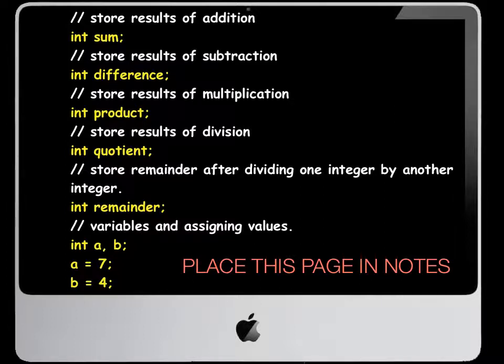For this intro program, all of our variables will be integer because we will learn later that modulus, which finds remainder, only works with integers. We will also see that when we do division with whole numbers, we get a different result than we might expect. Pause the presentation at this point and place this page in your notes.